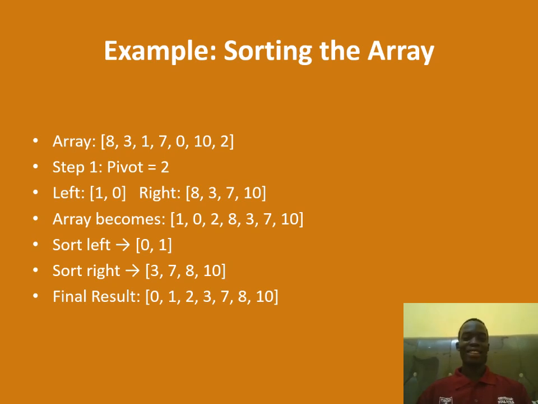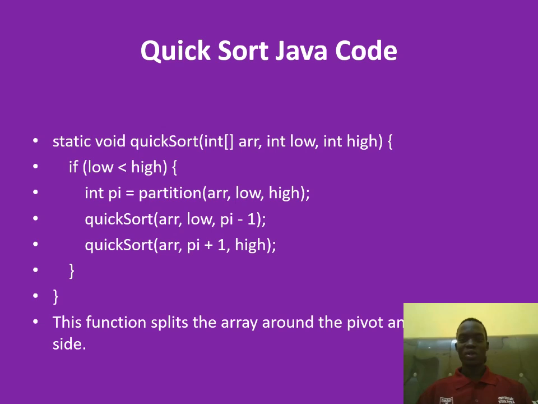The part that I'm going to give now is the Java coding part. When you need to write it as Java code, the first step is a static void quickSort. You input the array, you input the lowest index at the left hand side, and the highest index at your right hand side.